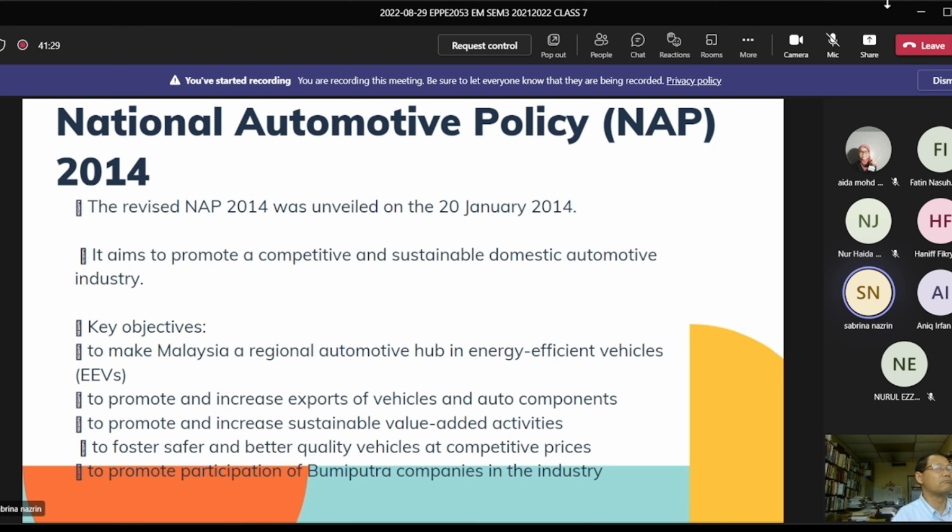The key objectives are to make Malaysia a regional automotive hub in energy efficient vehicles, to promote and increase the export of vehicles and auto components, to promote and increase sustained value-added activity, to foster safer and better quality vehicles at a competitive price, and the last one, to promote the participation of the Bumiputra companies in the industry.